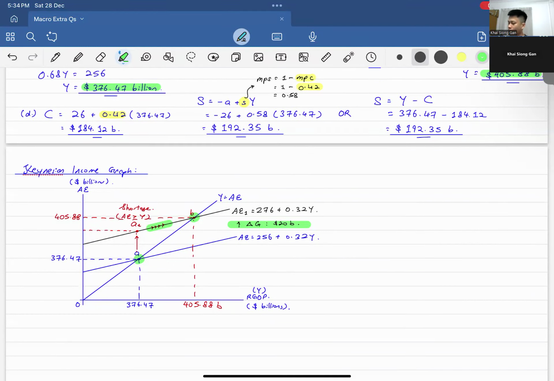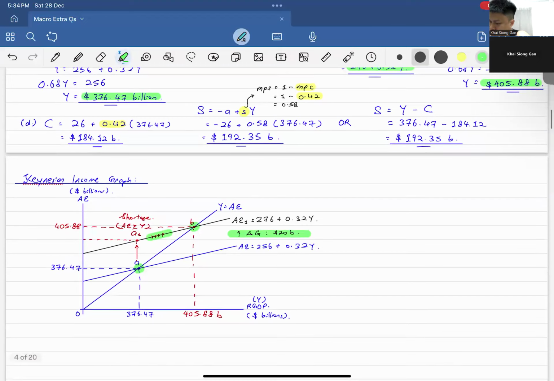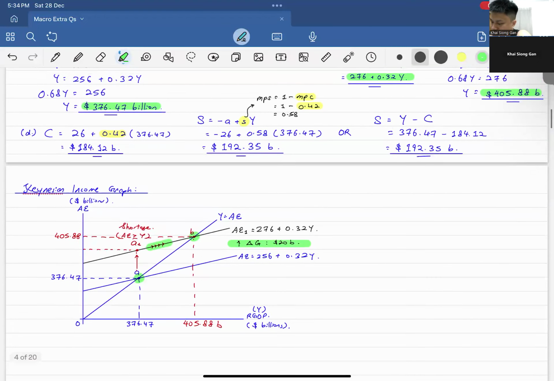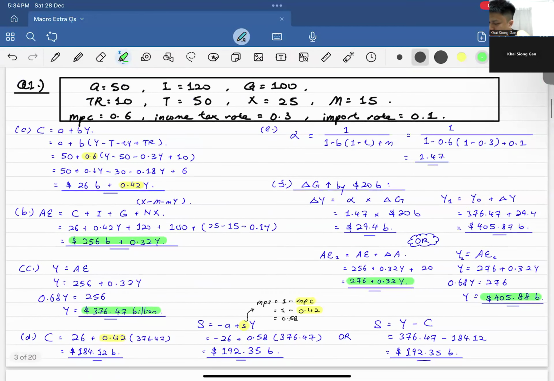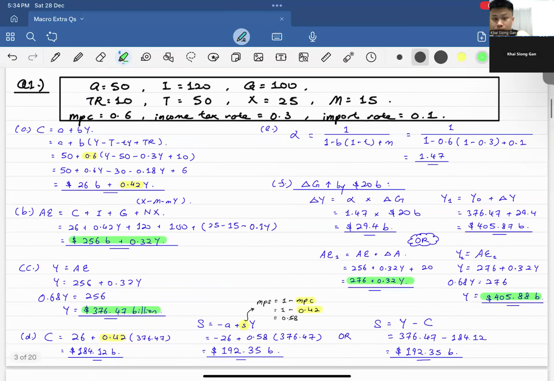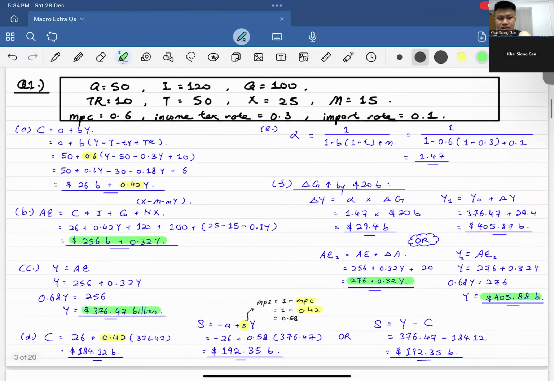Now we are done with practice one, so we can move on to practice number two.